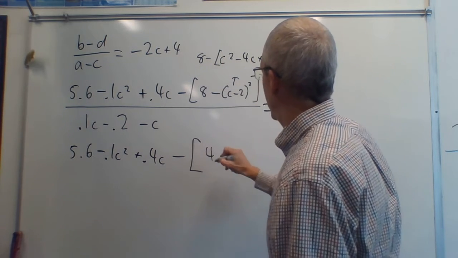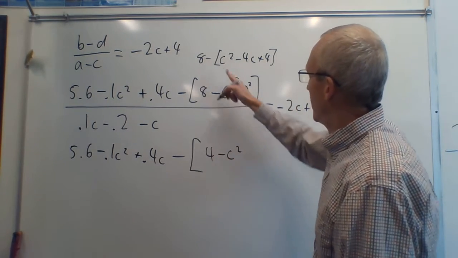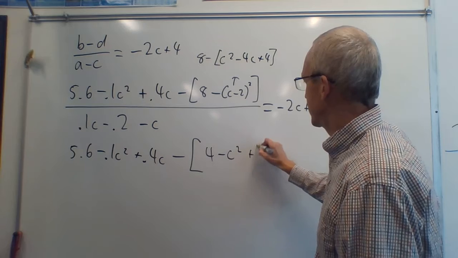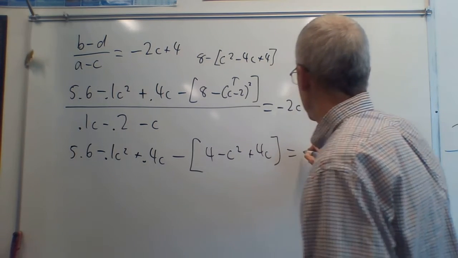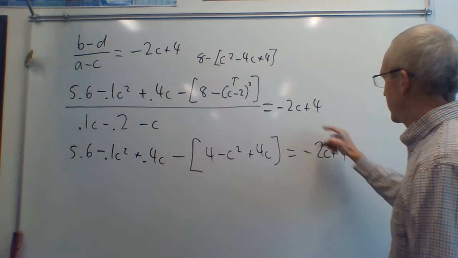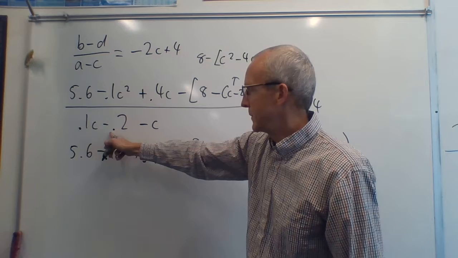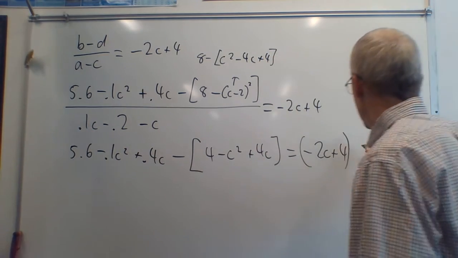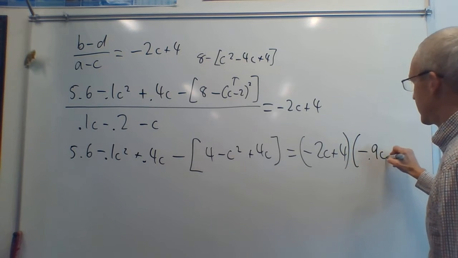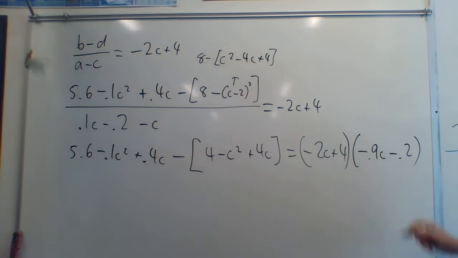So that would be the 4 there. Minus C squared plus 4C. And that's equal to negative 2C plus 4, this, times what was in the bottom here. And then the bottom here was 0.1 minus the full C is negative 0.9C, times negative 0.9C minus 0.2. Everything's negative there.